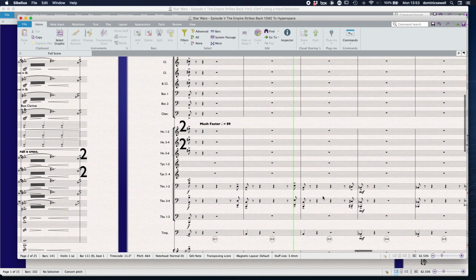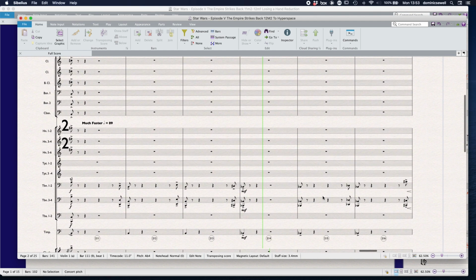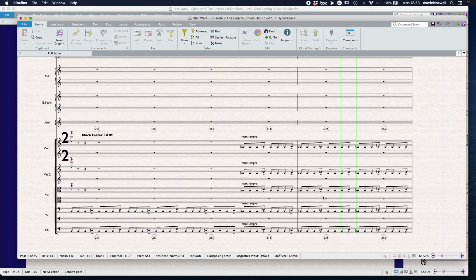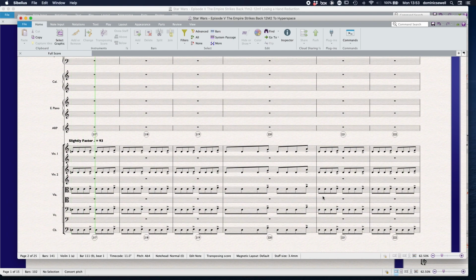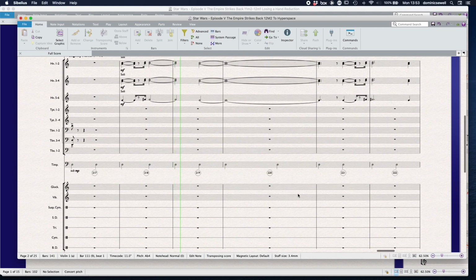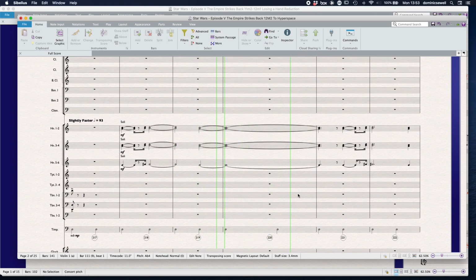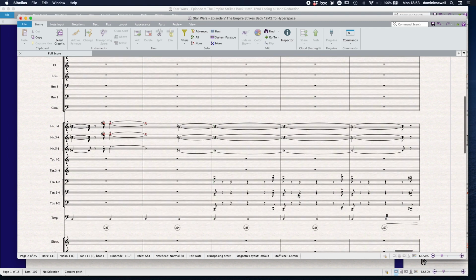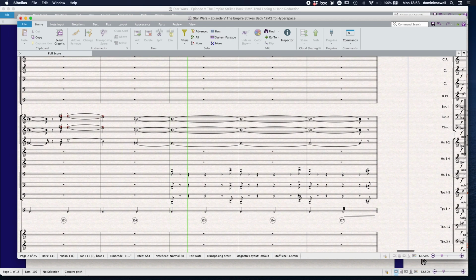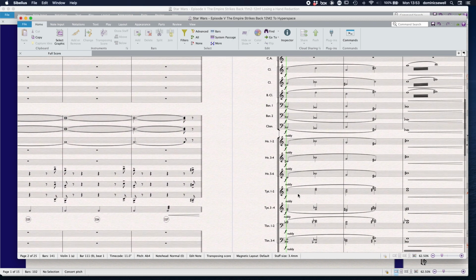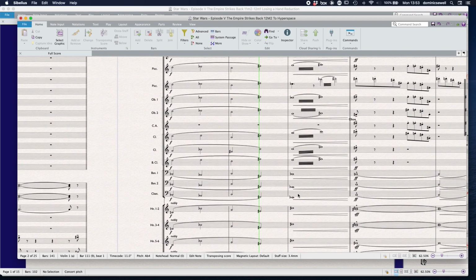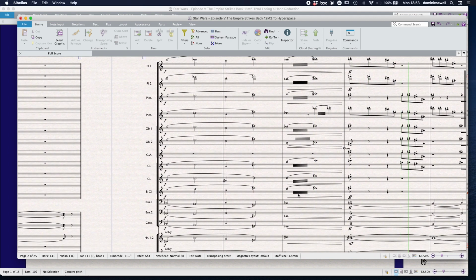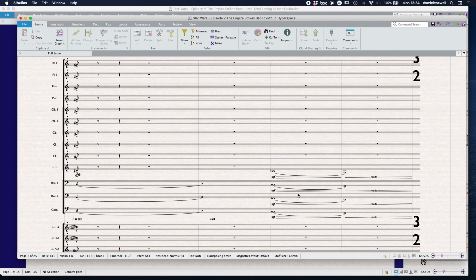Back to the original material. Back to the original material again. Again. Amazing sort of fall as it goes to light speed.